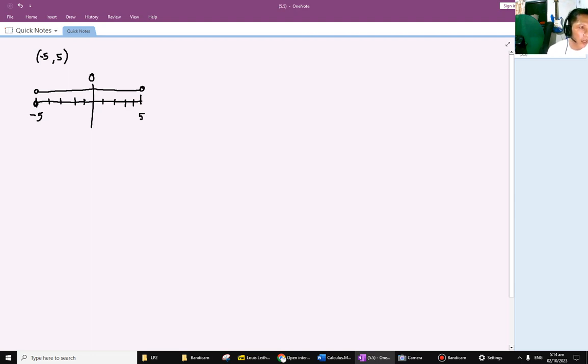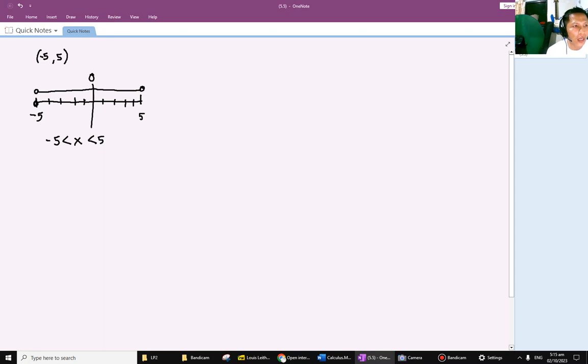In mathematics, in terms of inequalities, x is greater than negative 5 but smaller than positive 5. As you can see, you have the greater than, meaning it doesn't include the numbers negative 5 and 5. So that is an open interval.